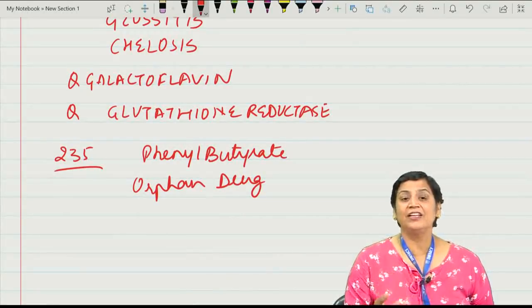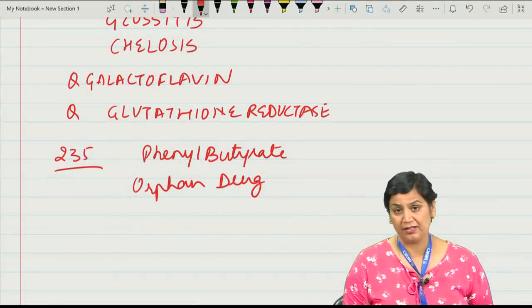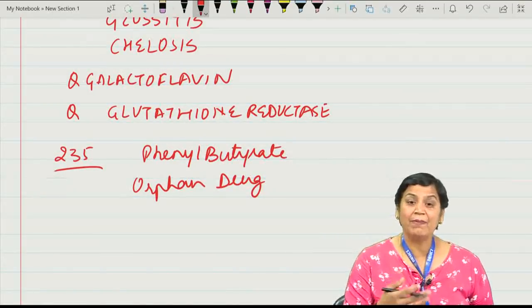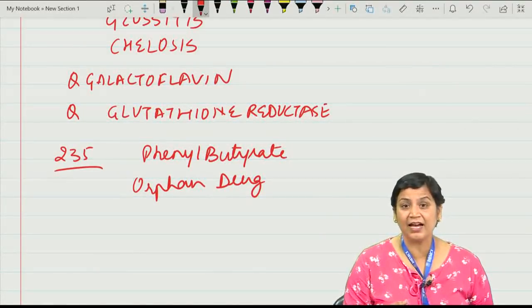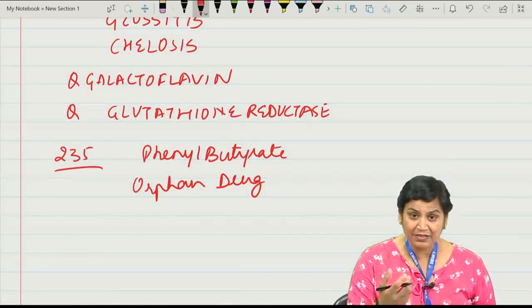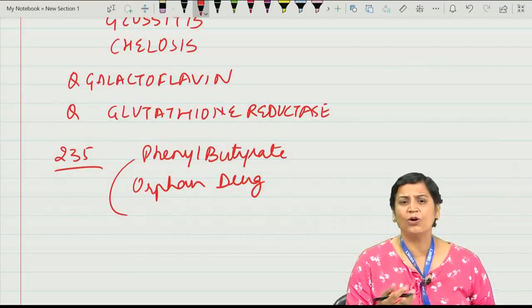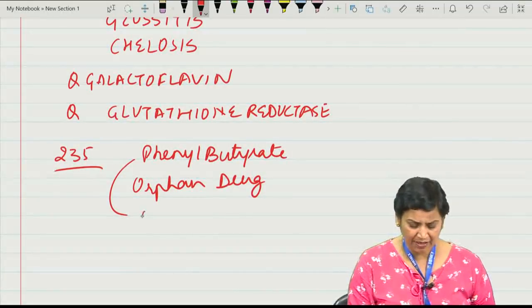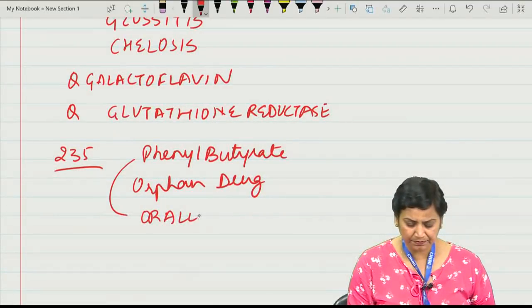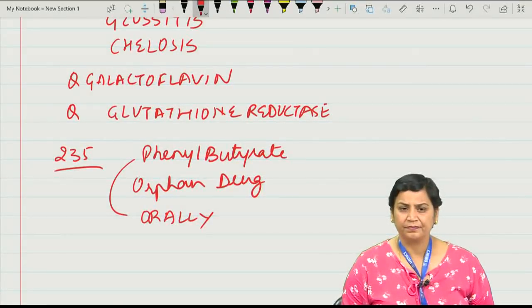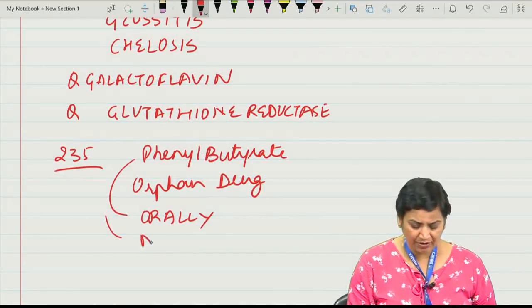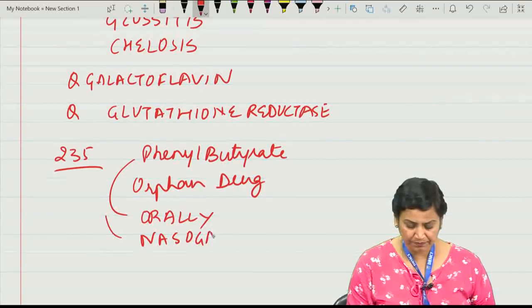It helps in scavenging this toxic nitrogen where urea cycle cannot occur, or it is bypassing the urea cycle. It comes in the form of sodium phenylbutyrate. It can be taken orally also, right? Or it can be taken by nasogastric intubation also.